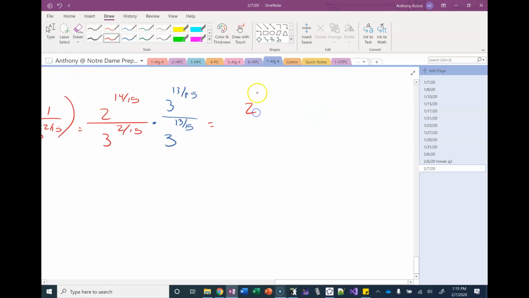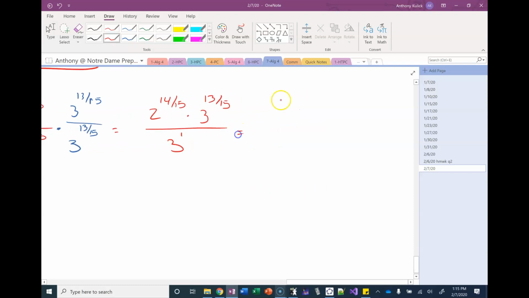So that's going to have 2 to the 14/15 times 3 to the 13/15 all over 3 to the first. And then I can just convert back to radical form.